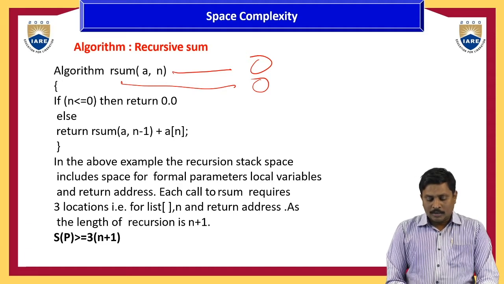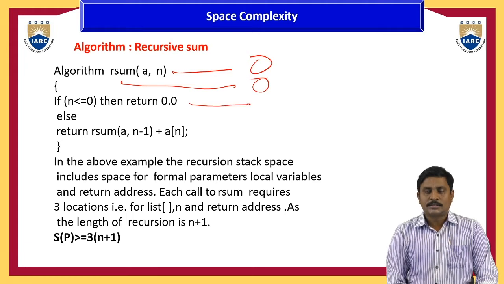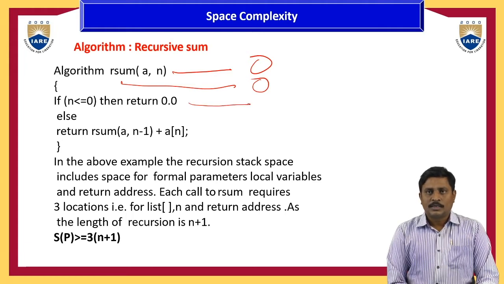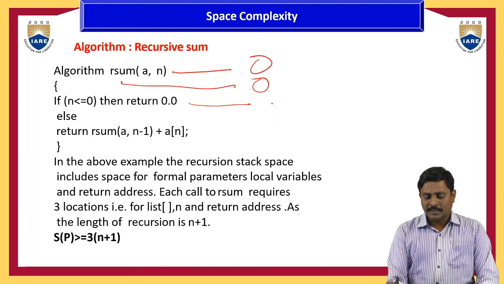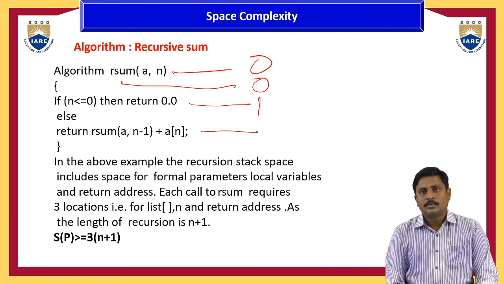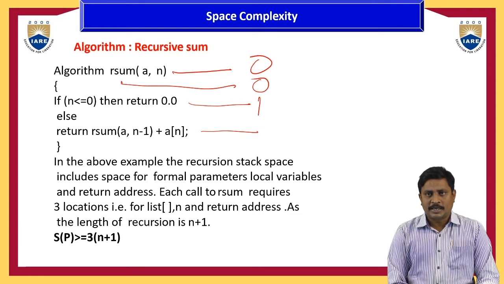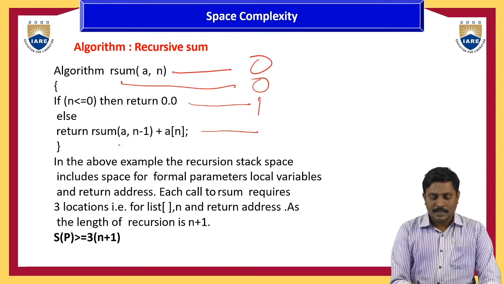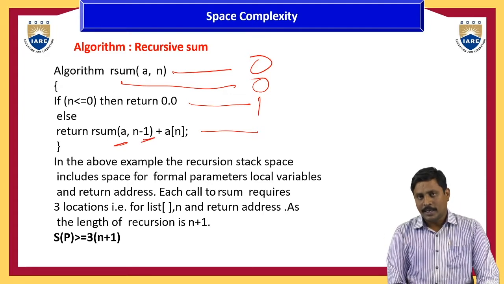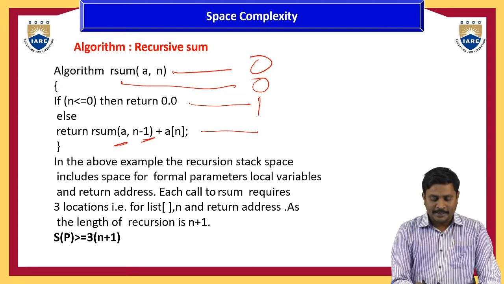Here we see the if condition. When the if condition executes, it is a simple statement and takes 1 step count. Otherwise, return RSum(a, n minus 1) plus a of n. Here we see that it consists of an array of size n and the return address.